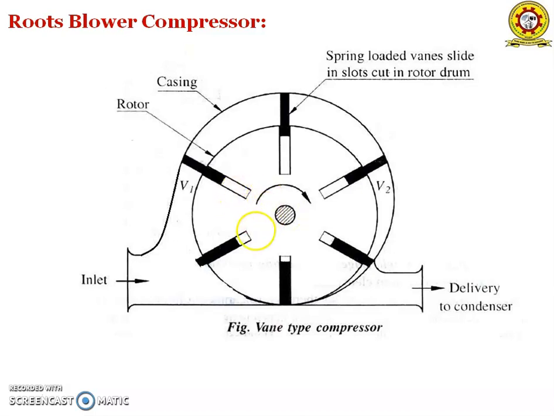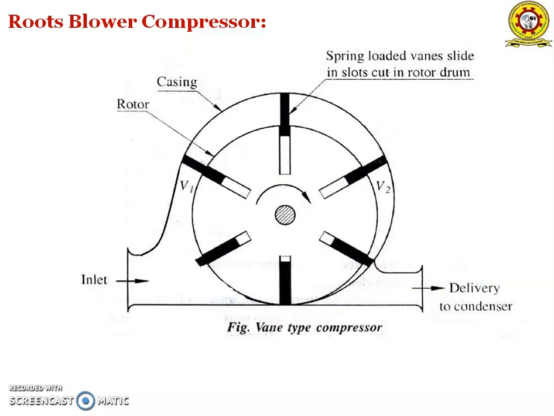As the disc rotates, the air is trapped in the pockets formed between the vanes and the casing. First of all, the rotary motion of the vane compresses the air. When the rotating vane uncovers the exit port, some high-pressure air flows back into the pocket in the same way as in the Roots compressor.